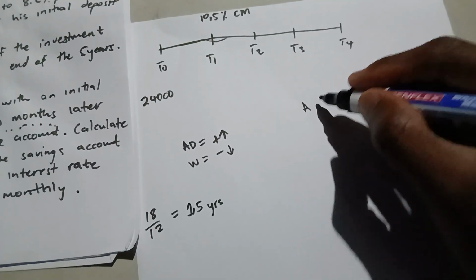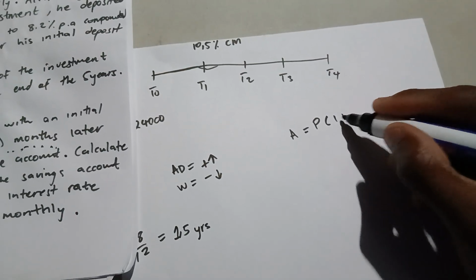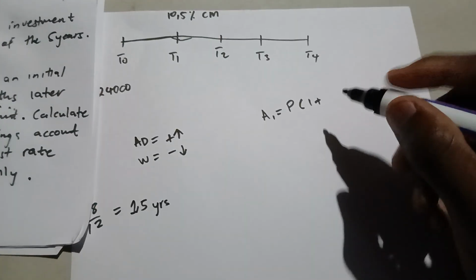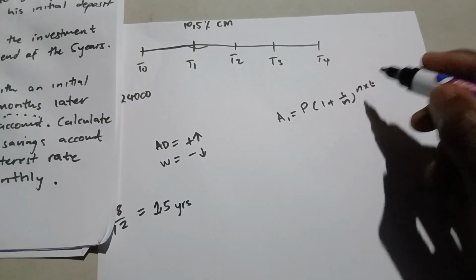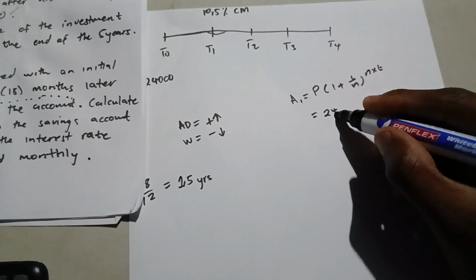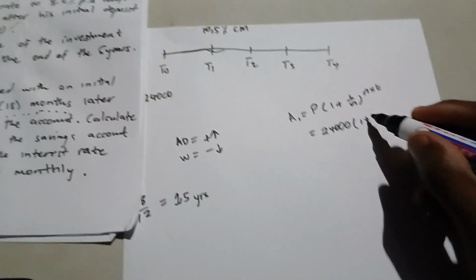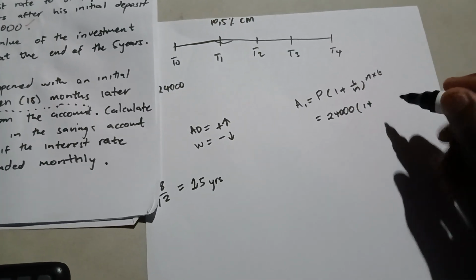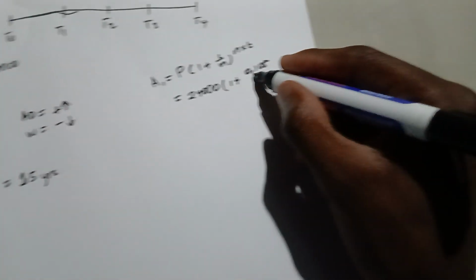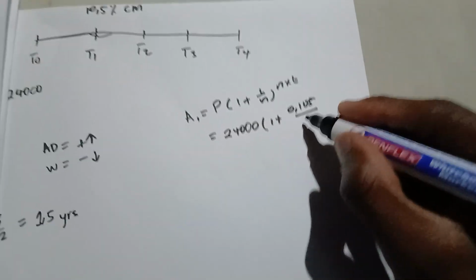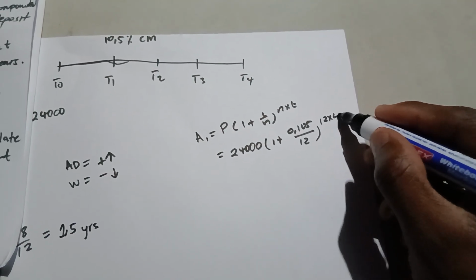So first things first, we are using compound interest. So it's 24,000 times 1 plus 10.5% compounded monthly, to the power of 12 times 4.